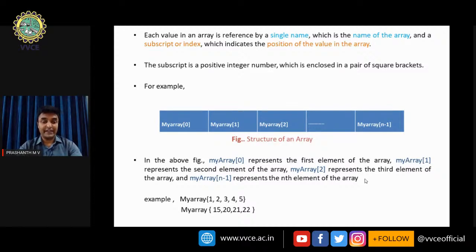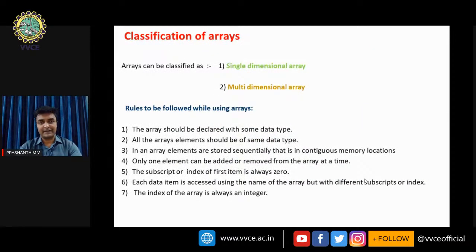So if you give the value for the first location, the subscript for that particular location will be 0, because the array always starts with index 0, and it will go on as 0, 1, 2, 3, like that. I have given a simple example here also: myarray 1, 2, 3, 4, 5, or you may say myarray 15, 20, 21, 22, like that. Okay, clear?